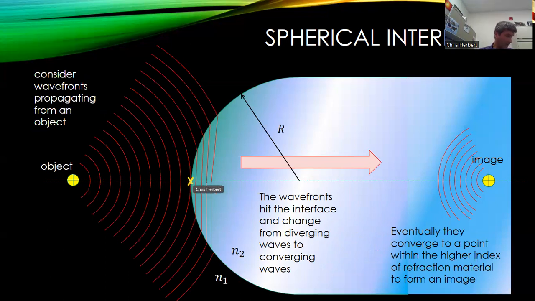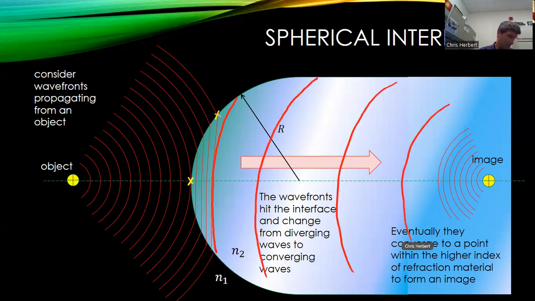So the center of the wave gets delayed the most, and the outer parts would be delayed the least. And what this creates is a wavefront which is bent the other way, okay? It's now bent in this direction, and as it propagates, it eventually converges into this image right here, okay?